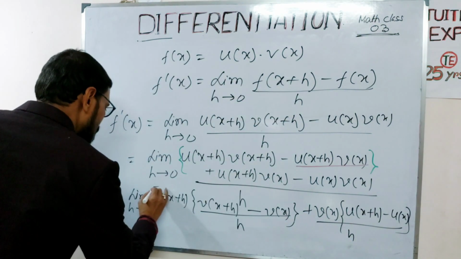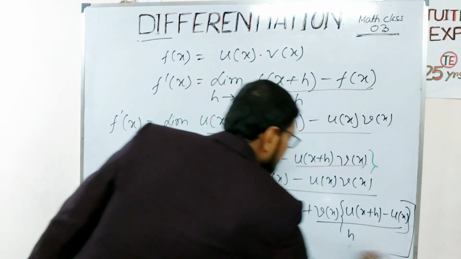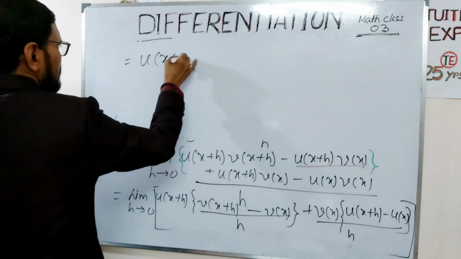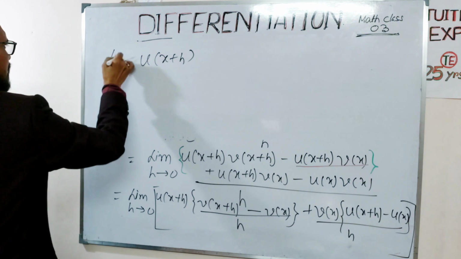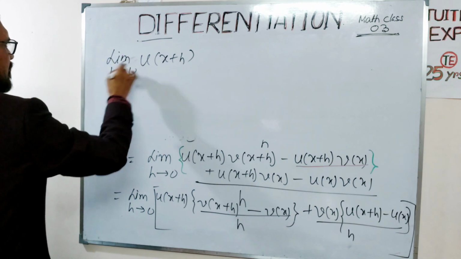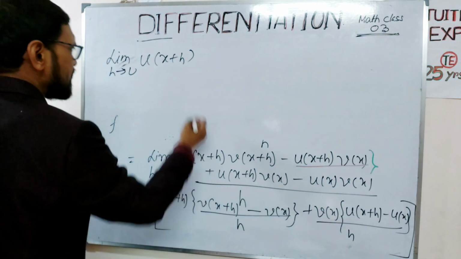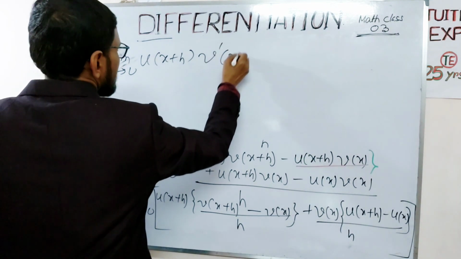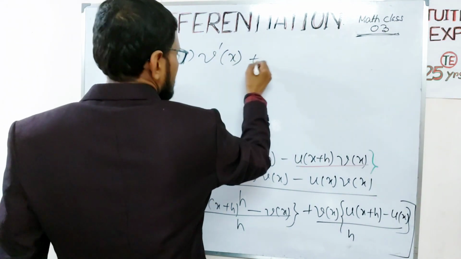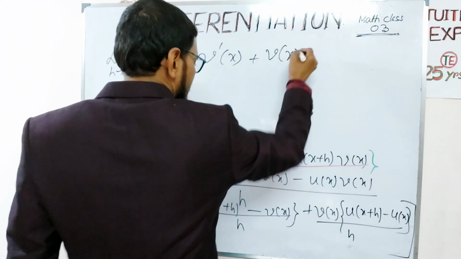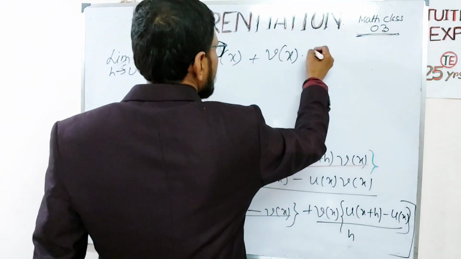This is the whole thing. This becomes v dash x, and this becomes v dash x plus v x into u dash x.